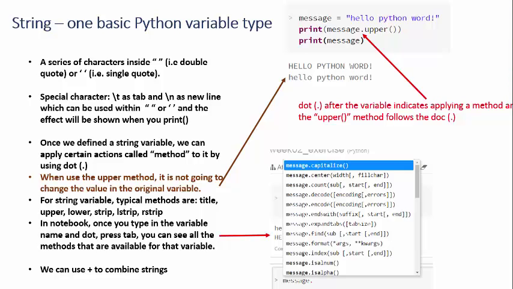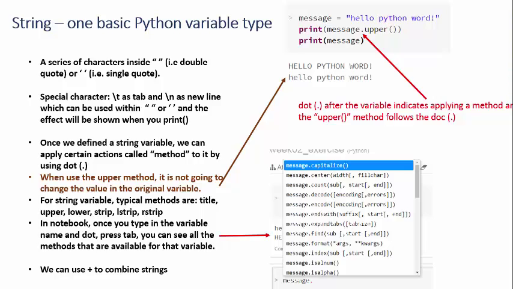We have slash t to indicate a tab, as well as slash n as a new line. Those two special characters can be used within either double or single quotation marks, and the effect of those special characters will be shown when you, for example, print it out.